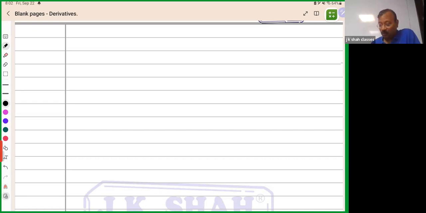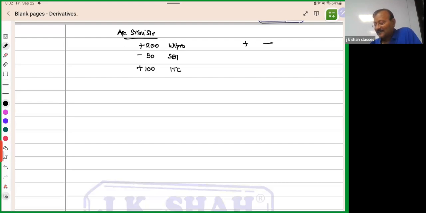So in the piece of paper, the broker will write account Srini sir plus 200 Wipro, right? And I'll tell him I want to sell 50 SBI. He will write minus 50 SBI. I'll tell him, boss, I want to buy 100 ITC, plus 100 ITC. Remember, plus indicates buy. Normal, logical, right? When you're buying, you are adding to the portfolio, right? Acha. Now, so plus is buy, minus is sell.